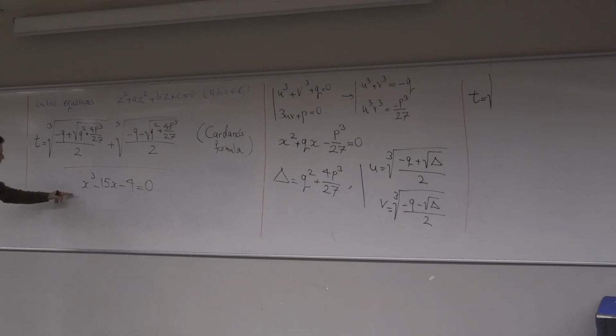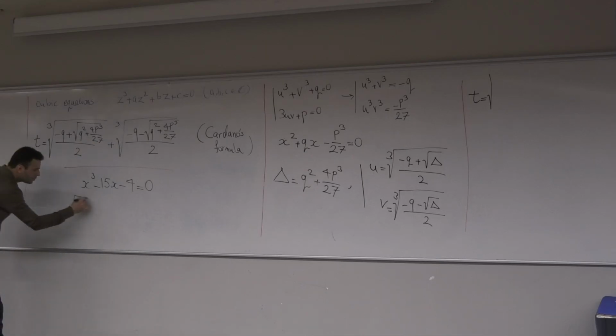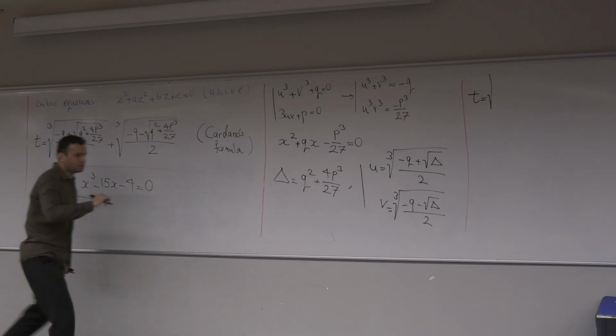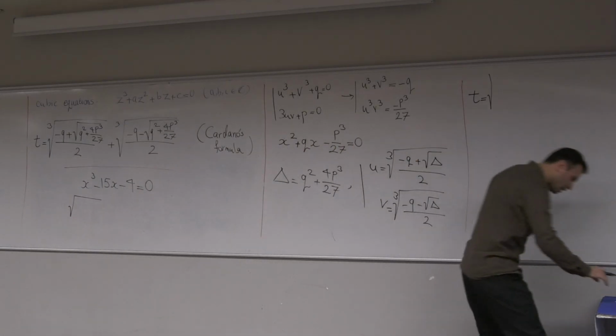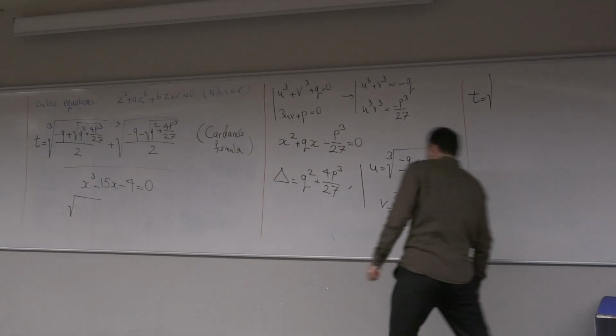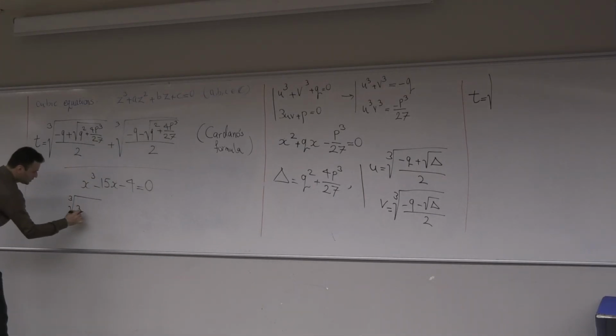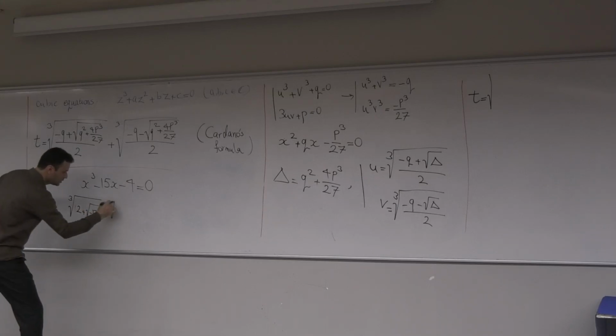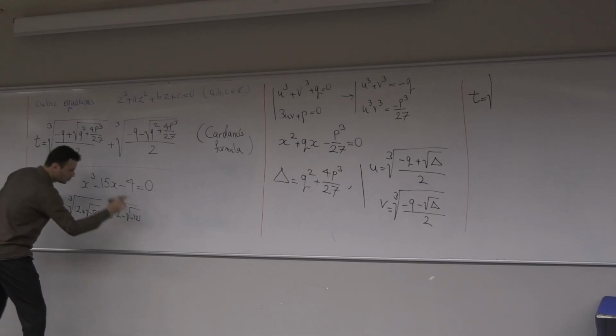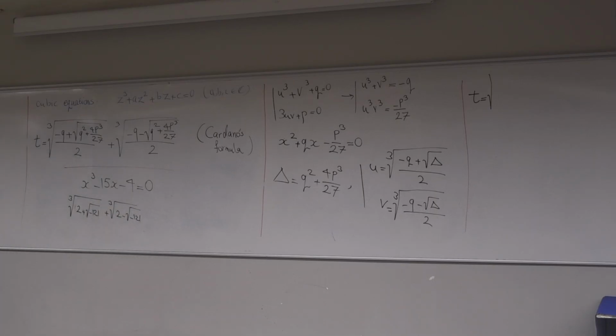But when you apply Cardano's formula for this, if I'm not writing it wrong, let me check it. I have it here so as not to make any mistakes. Yes. You can see that this is the third root of 2 plus the square root of minus 121, plus the third root of 2 minus the square root of minus 121. Okay?